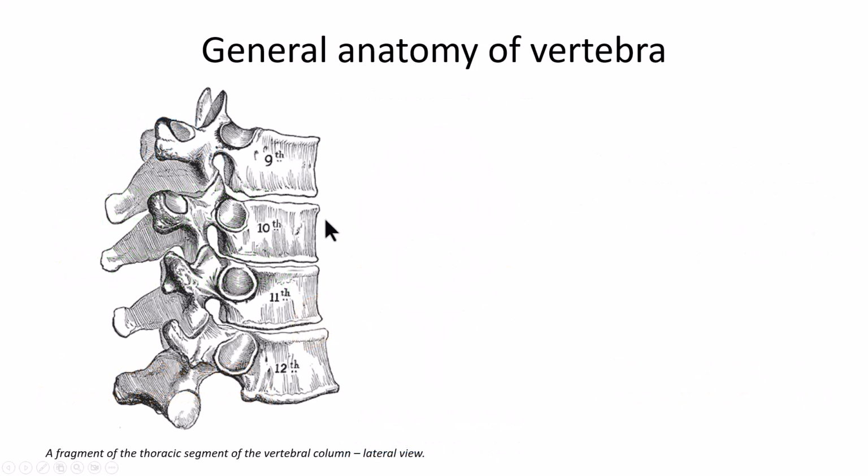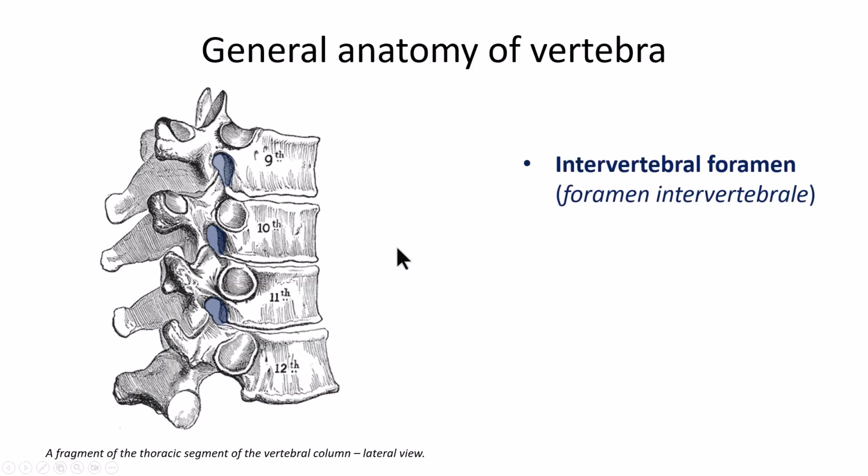We are looking at the lower segment of the thoracic spine in a lateral view. We can see the vertebrae connected by the articular processes. However, on this slide I am most interested in these dark blue openings, which I have marked on the illustration. These are the intervertebral foramina, in singular intervertebral foramen, in Latin foramen intervertebrale.